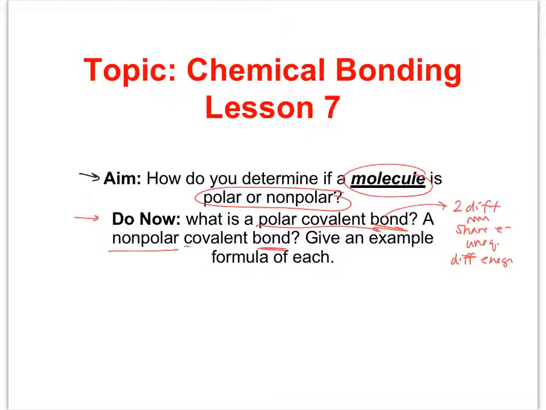Whereas a nonpolar covalent bond, that's when you have two of the same nonmetals sharing electrons equally because they have the same electronegativity value. So those are like your Brinkelhoff elements. So if you have two bromines sharing or two iodines sharing, etc. As long as it's the same two nonmetals that are attached to each other, that's considered a nonpolar covalent bond.